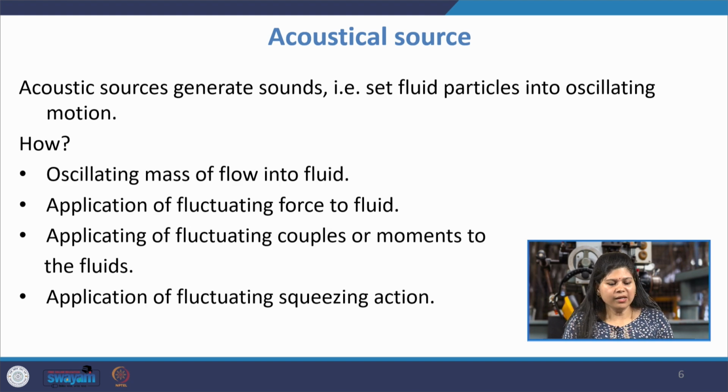How? Well, it could first be due to the oscillation of mass flow into the fluid. So, suppose by some means we have a certain source and it is able to create a mass flow into the fluid medium and back.